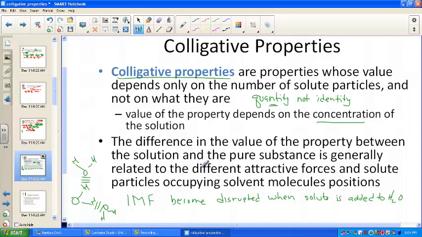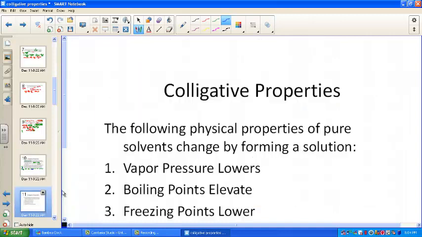When I start adding a solute into the water, suppose I start adding sodium chloride, I have interference between these hydrogen bonds. As the water begins to unalign with itself and has to realign around the sodium or around the chloride, it's a disruptive force. When we disrupt normal interactions between solvent particles, we change certain physical properties.